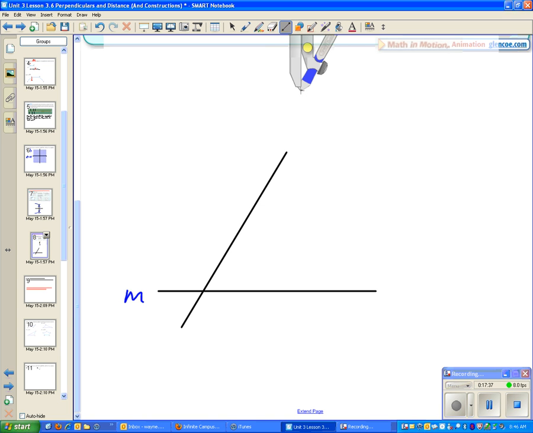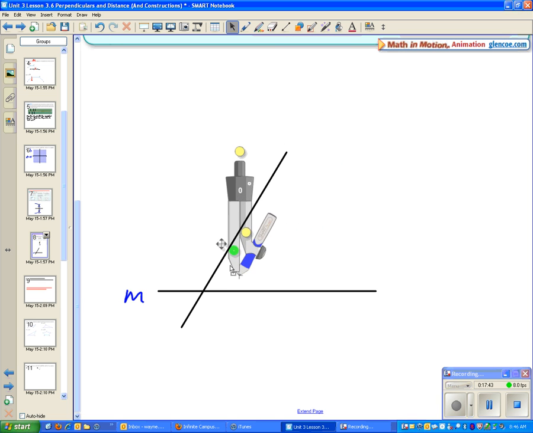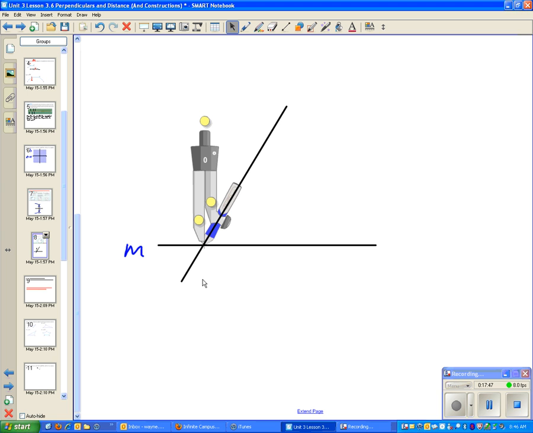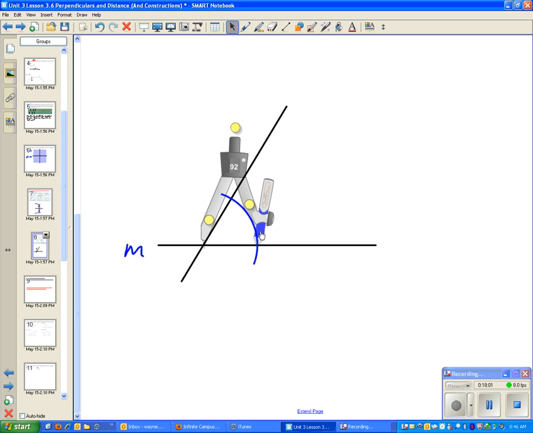So has everybody got what I've got? And here's what we do next. We take our compass, we put it at the vertex of the angle that was formed. And we make an arc that goes through both those lines, both sides of that angle.